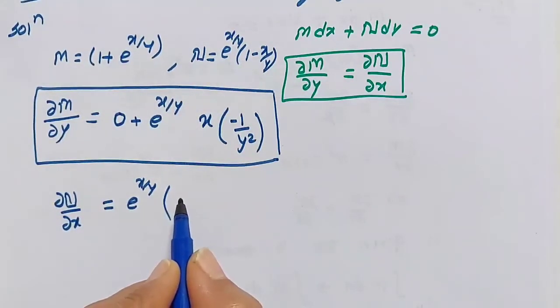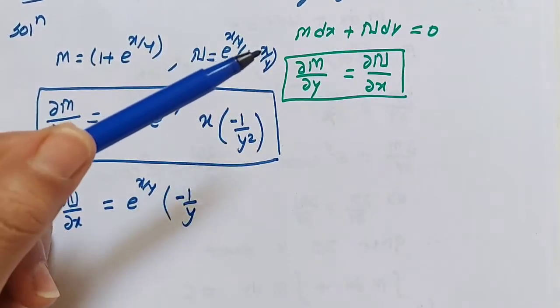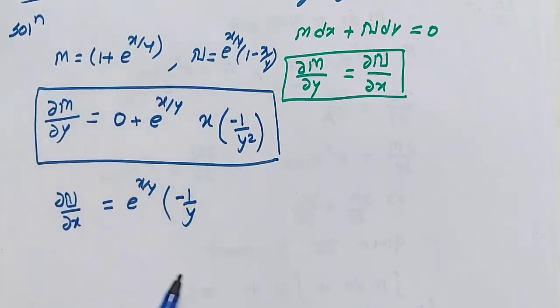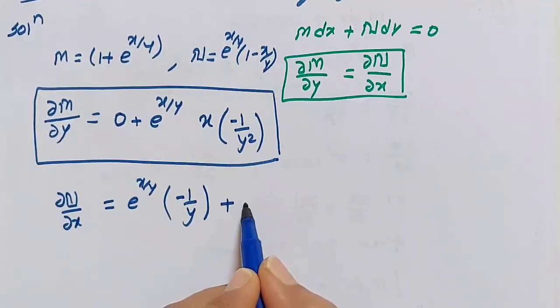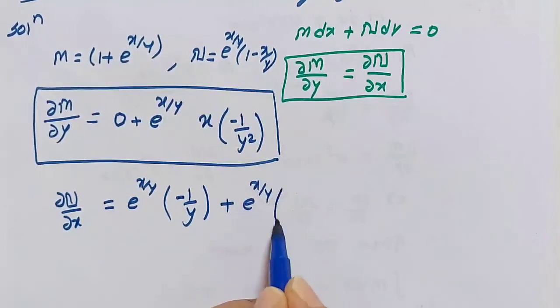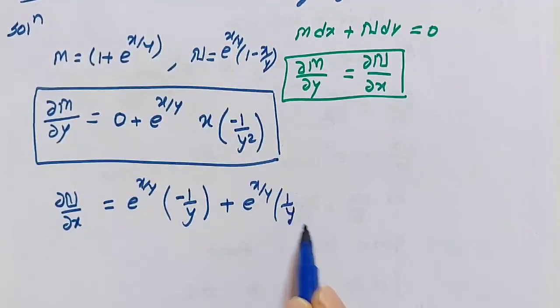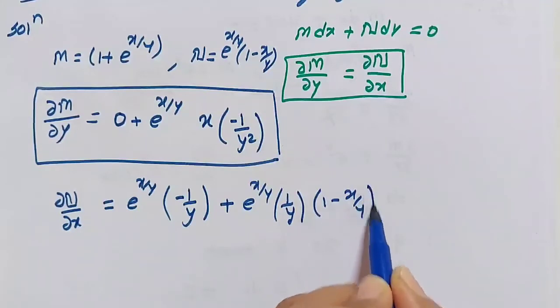Here we get minus 1 by y, because the derivative of 1 is 0 and minus 1 by y is constant, and the derivative of x is 1. Then plus the second term as it is, times the derivative of the first term. So e raised to power x by y, again the derivative of the power term; we are differentiating with respect to x, so 1 upon y as it is, the derivative of x is 1, and the second term 1 minus x by y as it is.